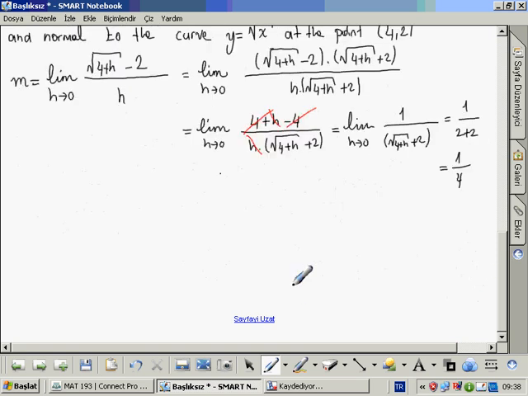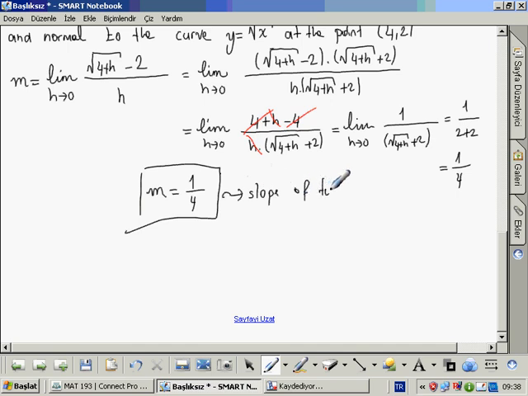So m equals 1 over 4. This is the slope of the tangent, and y equals 1 over 4 times x minus 4, plus 2. This is the equation of the tangent line.